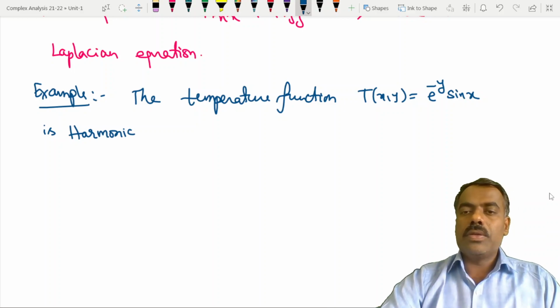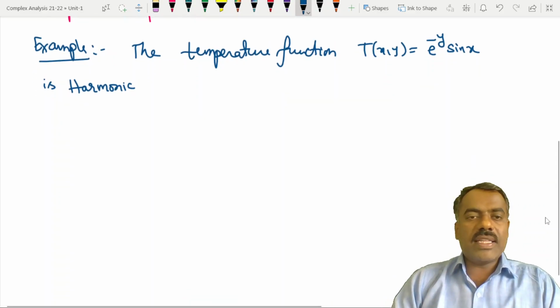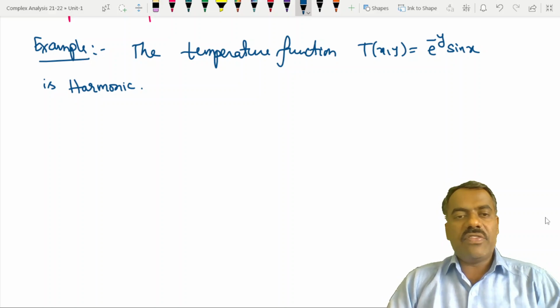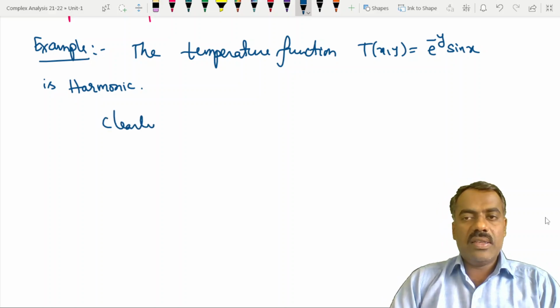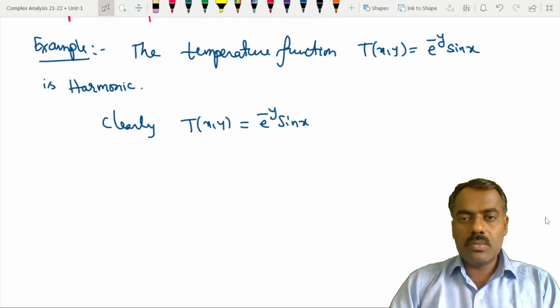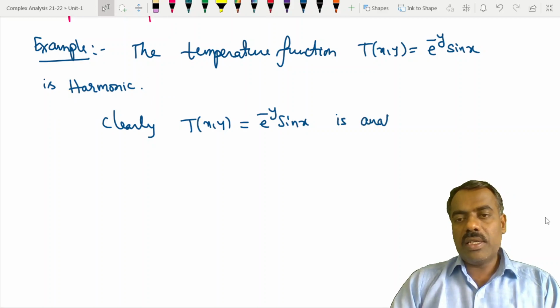Okay, so if we want to check why this is true, clearly this is an entire function. So clearly T of x comma y is equal to e power minus y sin x is analytic, that means it's differentiable.